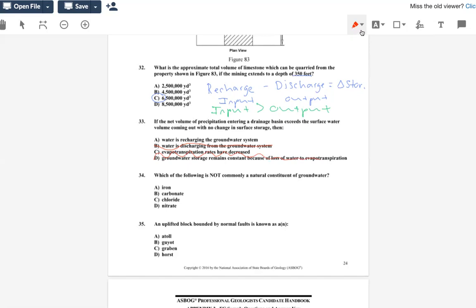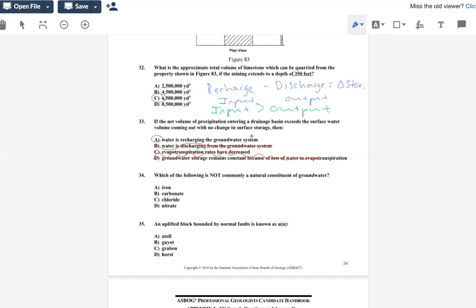A is the most reasonable answer here, because we are most certainly beyond a doubt recharging the system because we have input that is much greater than the output and we're not seeing a change in the surface storage.